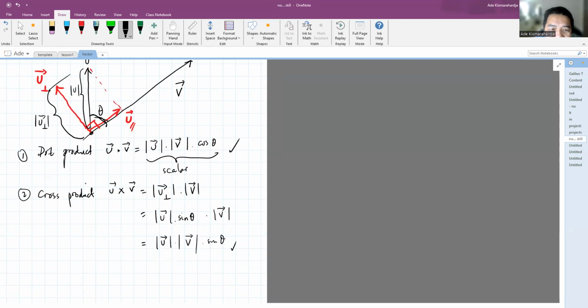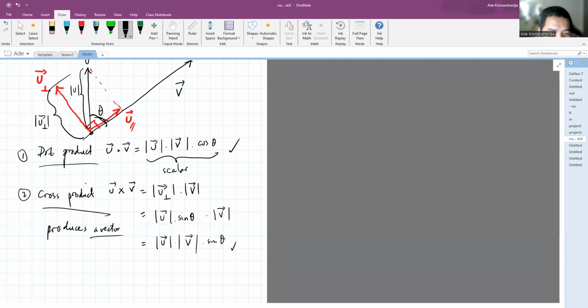That's quite similar, but be careful. The dot product is cosine and the cross product uses sine. But this is the thing. When you do a cross product, it will produce a vector. That's the difference from the dot product. A dot product gives you a scalar, but a cross product gives you a vector.